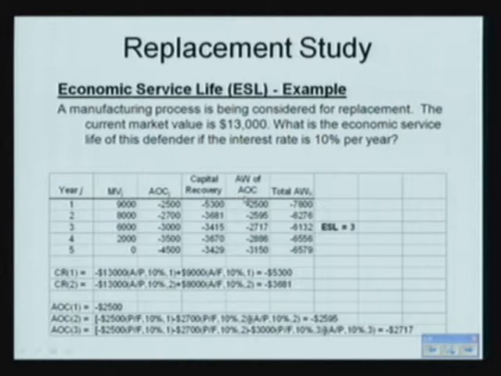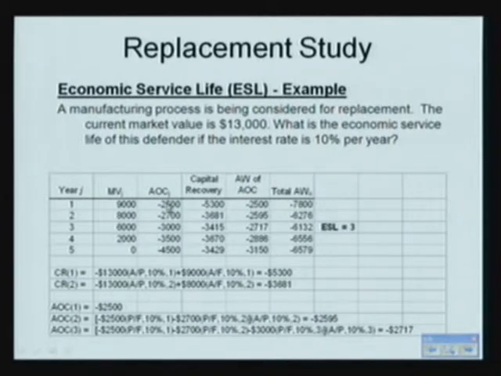Now I have to find the annual worth of the annual operating costs. In the first year, I already have the annual operating cost, and it's for a single year, so it's just that value. However, for the second year, I want to find the annual operating cost if I hold on to the asset for 2 years, and it turns out to be minus $25.95. How did we come up with that? If you look back at the formula on the prior page, I want to take each of these cash flows.